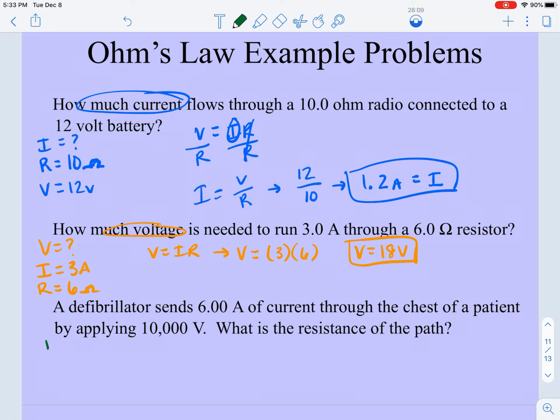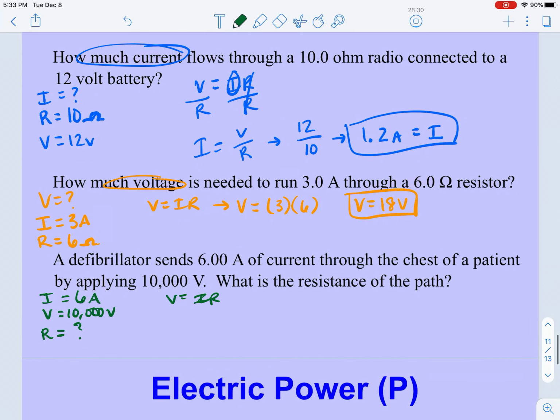All right, last question. A defibrillator sends 6 amps of current through the chest of a patient by applying 10,000 volts. What is the resistance of this path? So we have a current of 6 amps. We have a voltage of 10,000 volts, and they want to know what the resistance is.